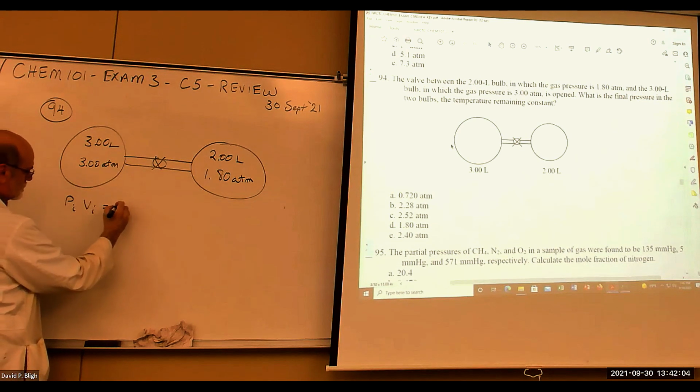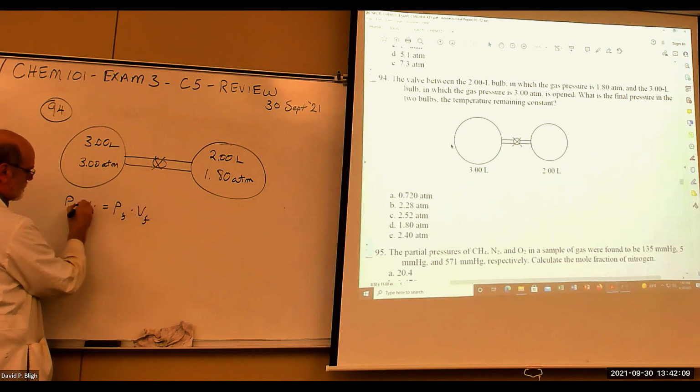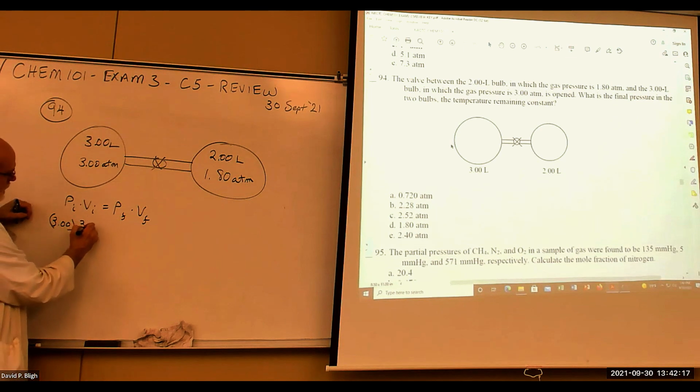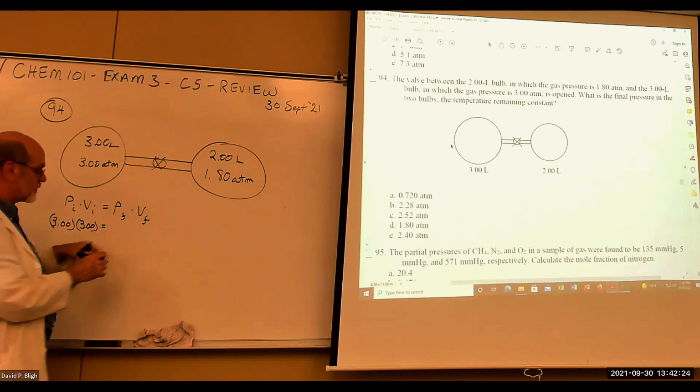Boyle's law. Right? So on this side, the initial pressure is 3 atmospheres. The initial volume is 3 liters. The final pressure is, who knows? That's the question.